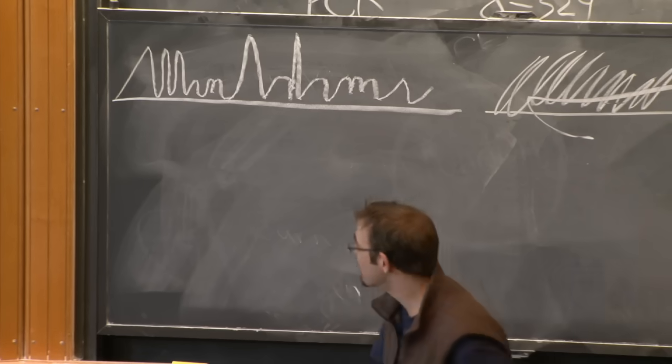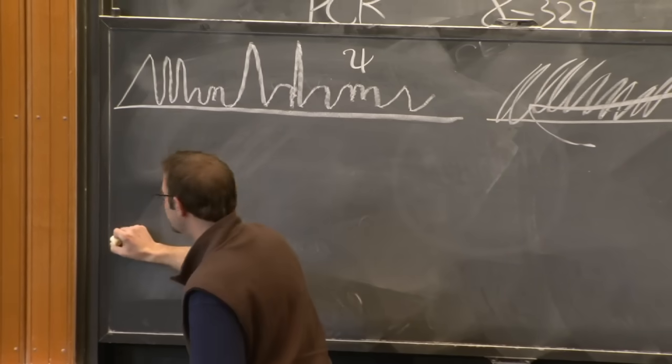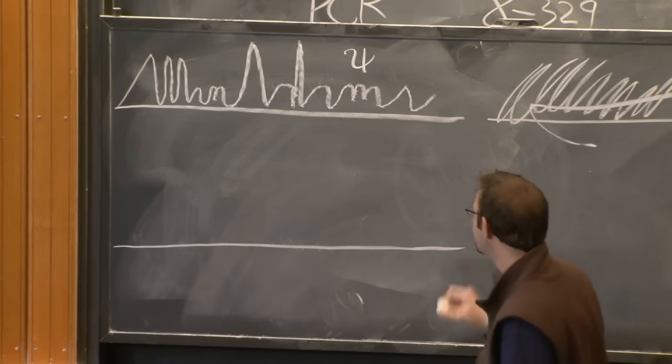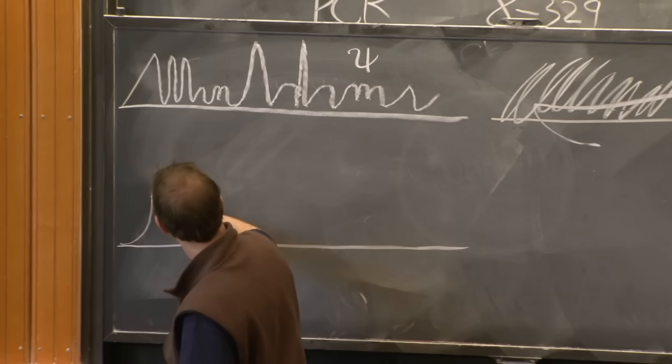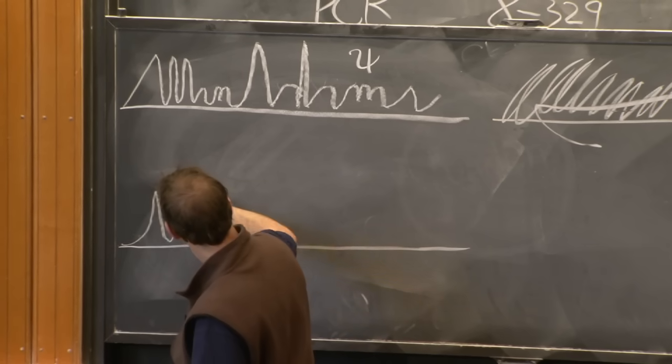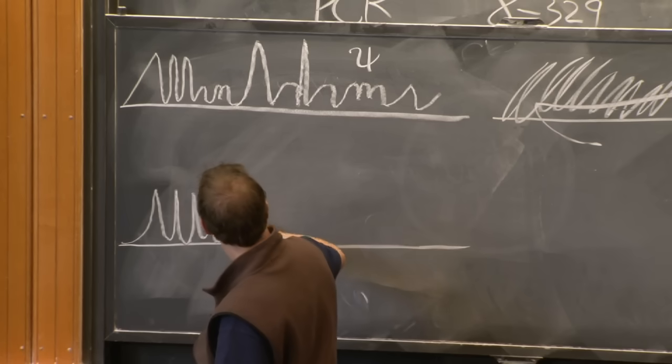OK, this is the real challenge. If this is our wave function, and let's just say that it's real, hard as it is to believe, then what's our probability distribution? Well, it's something like, I don't know, it's something.